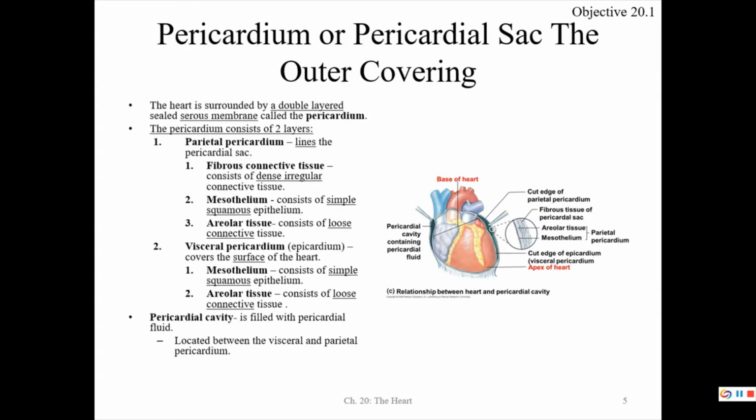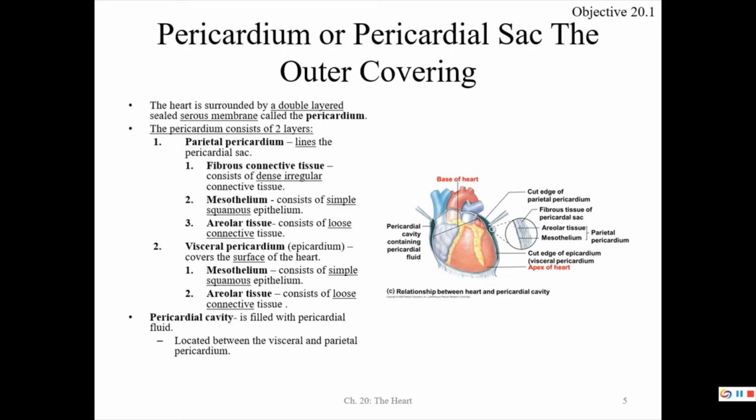Mesothelium, remember, is what we call the simple squamous found in any kind of serous membrane. And like in the lungs, for example, mesothelium of the pleura. And then the areolar tissue is sandwiched between, this very loose connective tissue here, but it's that fibrous connective tissue layer added to this that makes it very much more tough.